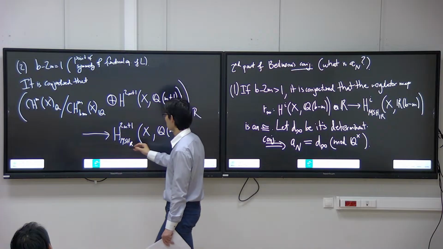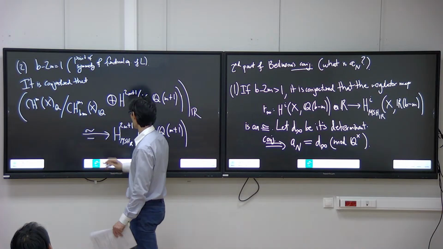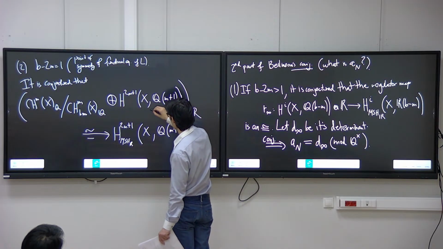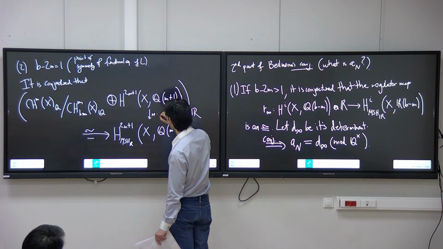And it's conjectured that this is an isomorphism. So just in case, this second map, the map from here to here, is the regulator map.